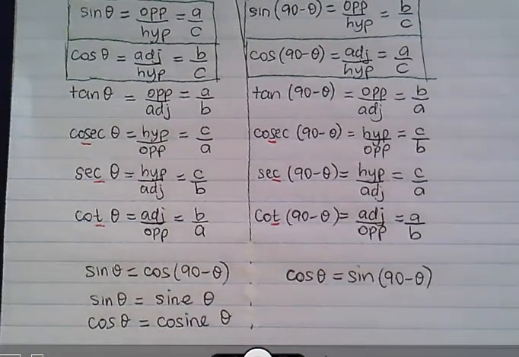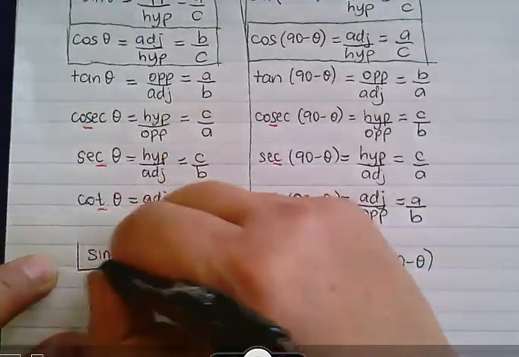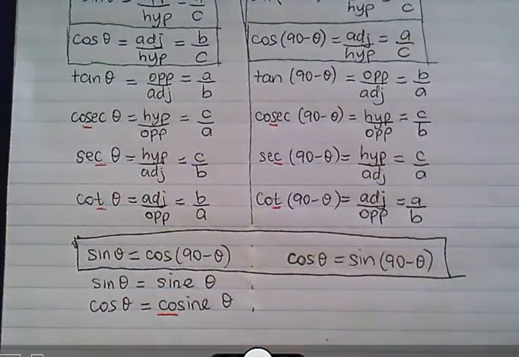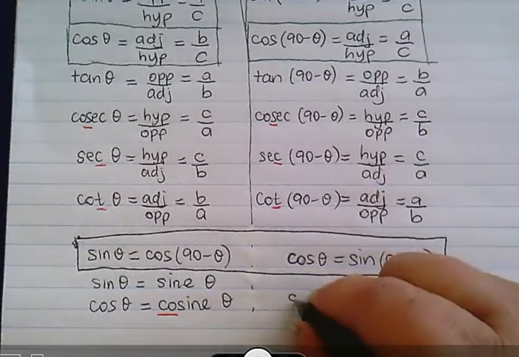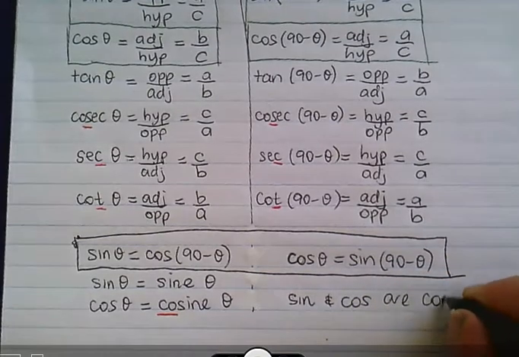Now, if you look at the words sine and cosine, what's the difference between them? Co. Co for complementary. Okay? Now, that's our first rule. Sine and cos are complementary ratios.